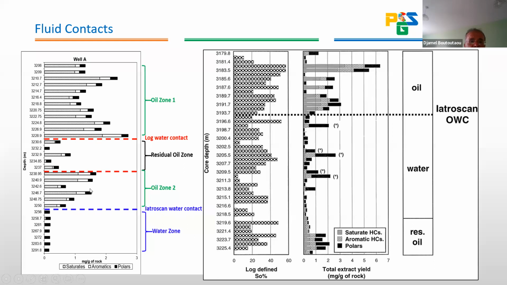So we can easily produce oil from it too. If initially we just take care of this one and ignore that, we are losing out. To optimize production, we need to go down and perforate in this interval. And the water zone actually is mainly here, where there is nothing. Okay.